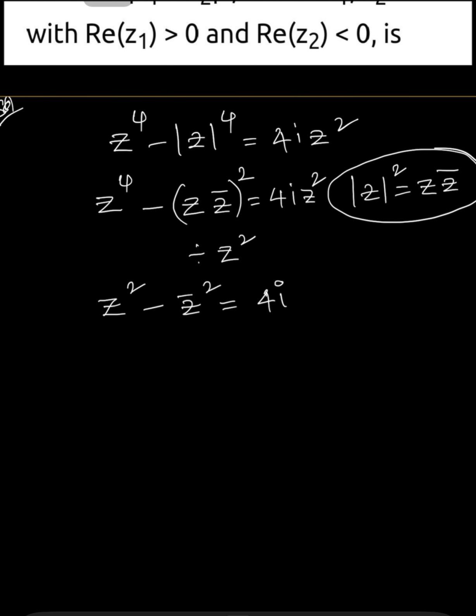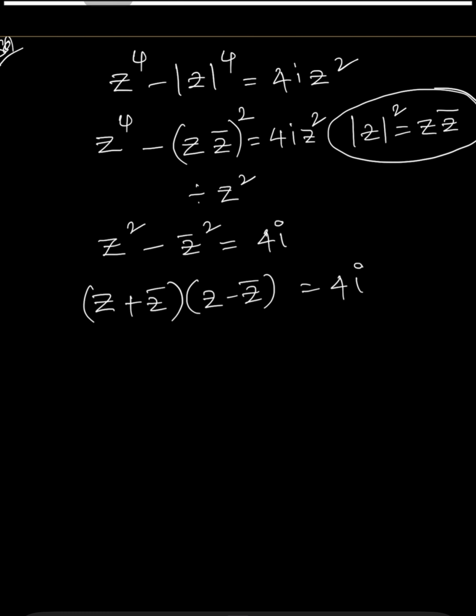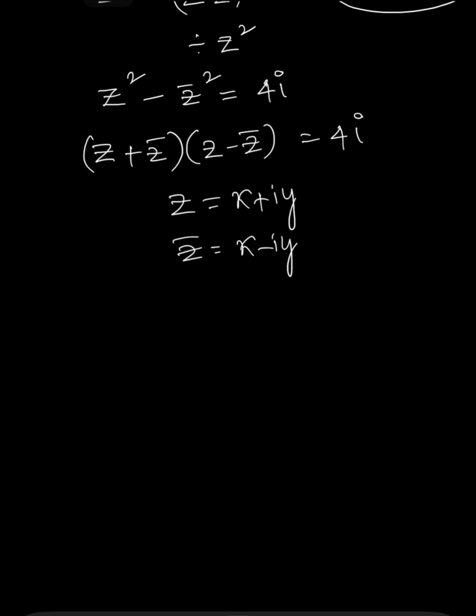Next, it is in the form of a square minus b square, so we can write it as z plus z bar into z minus z bar equals 4i. Now we know that with z equals x plus iy and z bar equal to x minus iy, if we add these two we get 2x, and if we subtract these two we get 2iy, equal to 4i.